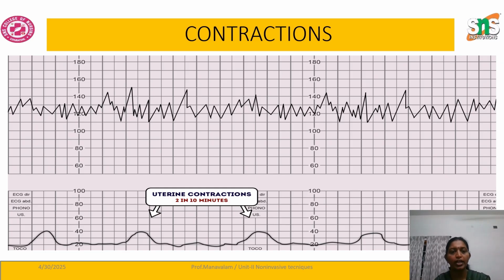Below that is the toco. Toco indicates the contraction. Here the intrauterine pressure is given as readings of 20, 40, 60, 80, 100.